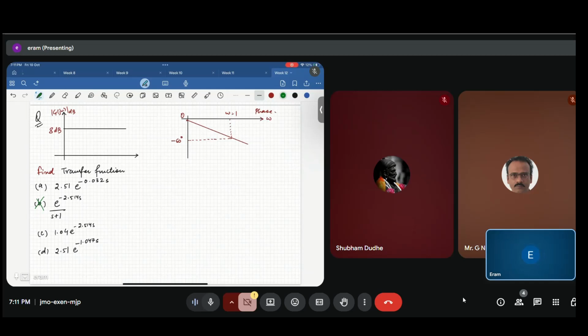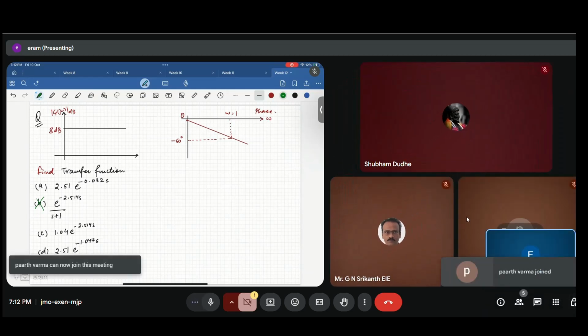Now all the options have a delay. Okay, so an exponential with negative coefficient means that we have a delay in the system. So what is the magnitude contribution of the exponential?